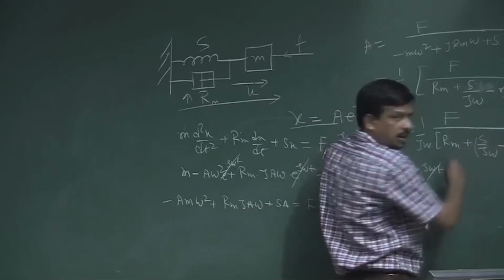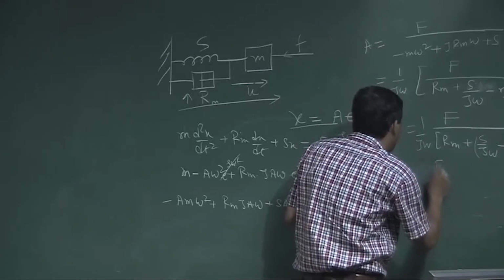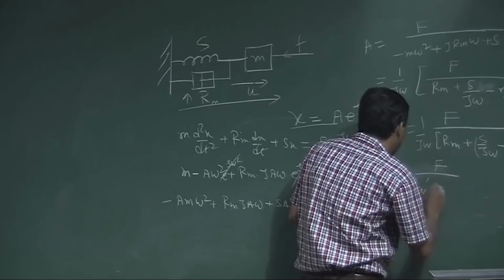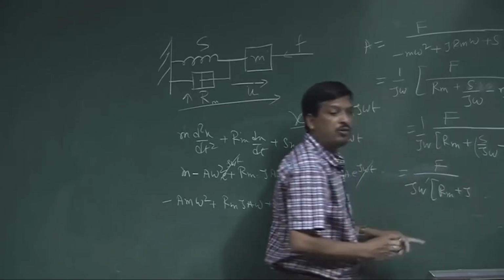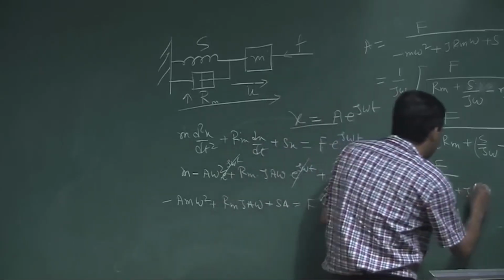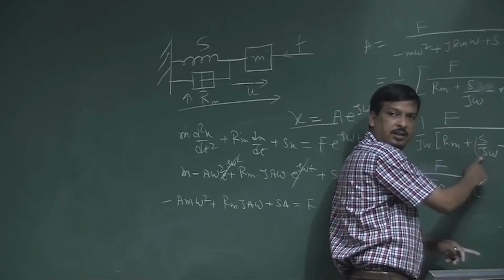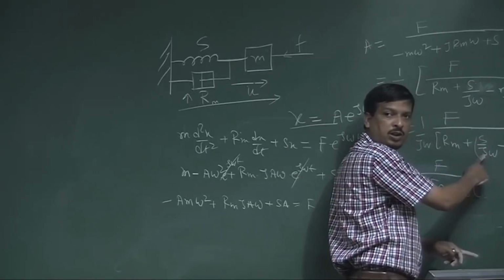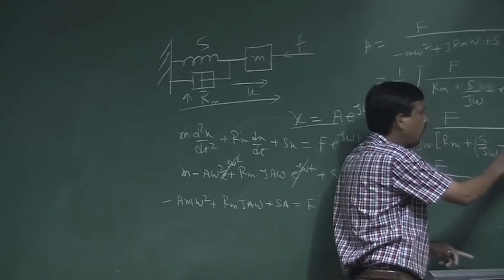Now, since I have to take the j outside, I am multiplying both by j. So, j square means minus 1, and here j square means minus 1, so it will be plus 1.